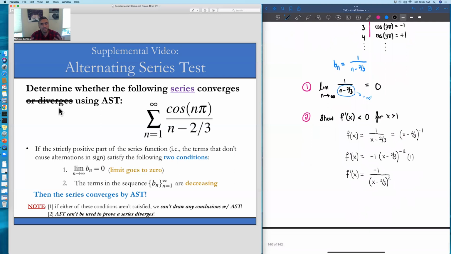So again, what we want this derivative to be is we hope to see that it's less than 0 for all x values greater than 1. So let's look at this. In the numerator, we have a minus 1. That numerator is always going to be something negative. If we take a look at the denominator now, we have whatever x minus 2/3 is, and x is always going to be a positive value greater than 1.